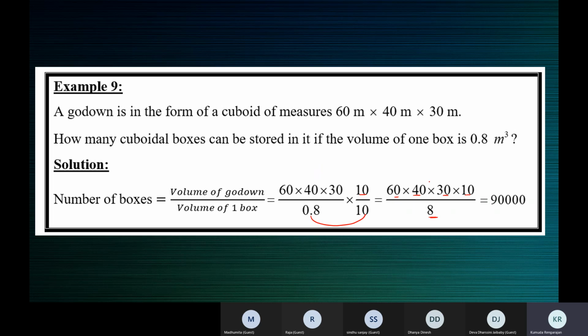In the numerator, we have written the 10 as it is. We did not multiply. In the denominator, 0.8 into 10 is 8. On simplifying this, we get 90,000. So 90,000 cuboidal boxes can be stored in the godown.